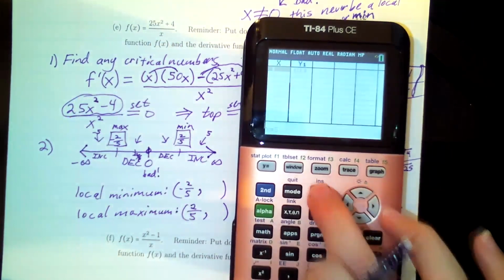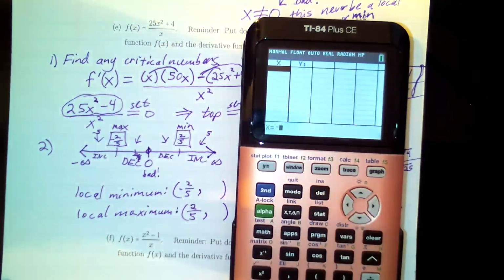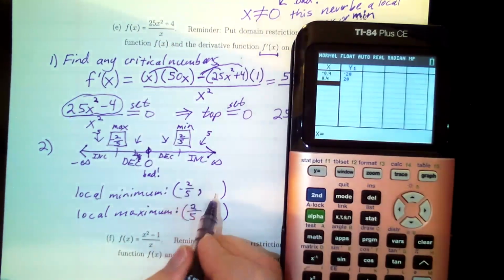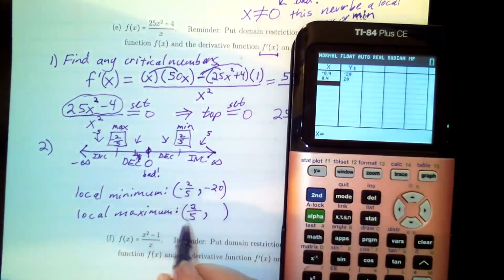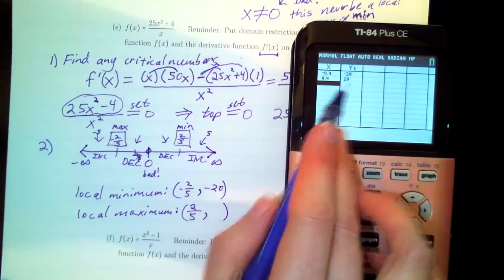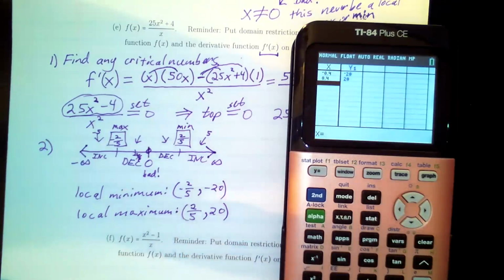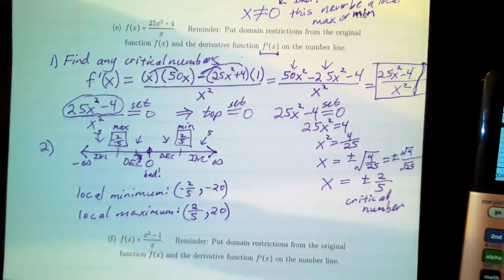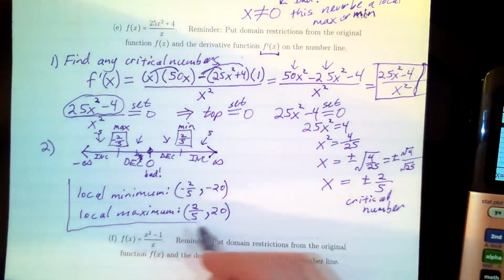Go to my table and put in negative 2 divided by 5 and 2 divided by 5. Then we get, for negative 2 divided by 5, a negative 20 y value. And for 2 divided by 5, which is 0.4, I got positive 20. So we're done with this problem. We got our answer. There's my local extrema.